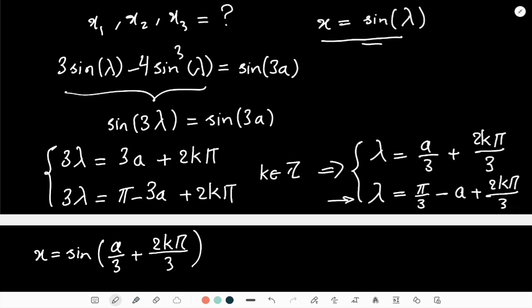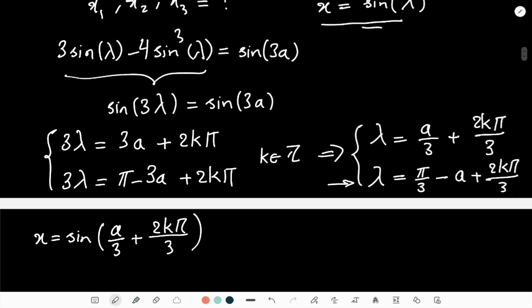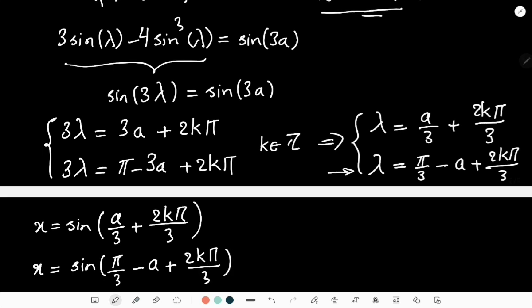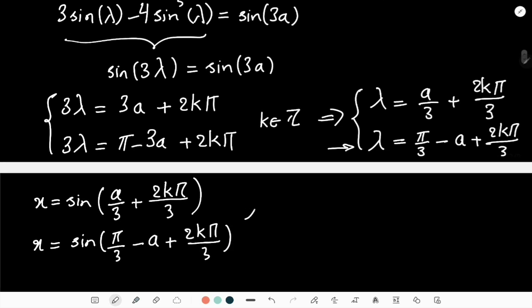And the reason for that is the following, because if I take the second one, if I take x to be sine of pi over 3 minus a plus 2 k pi over 3, I can prove to you that this will generate the same answers as the first one. Why?